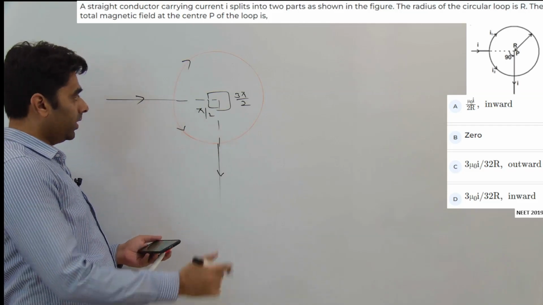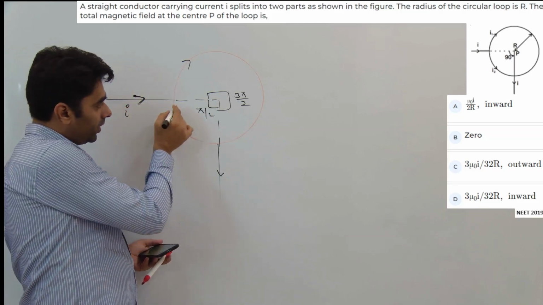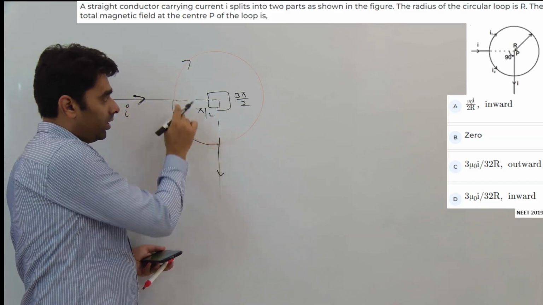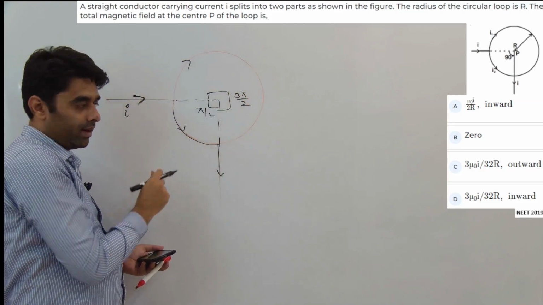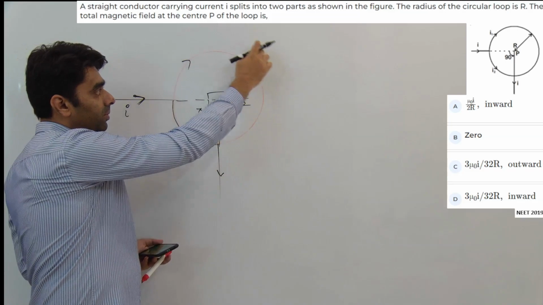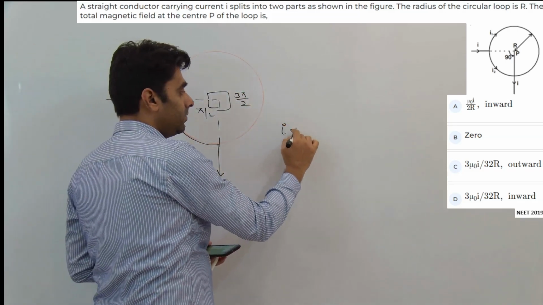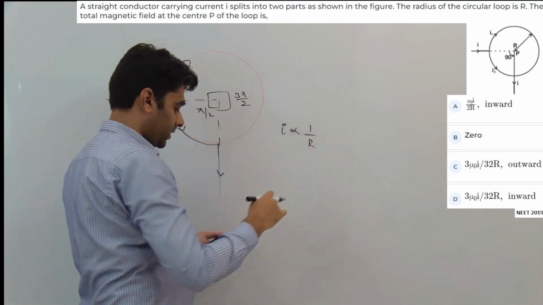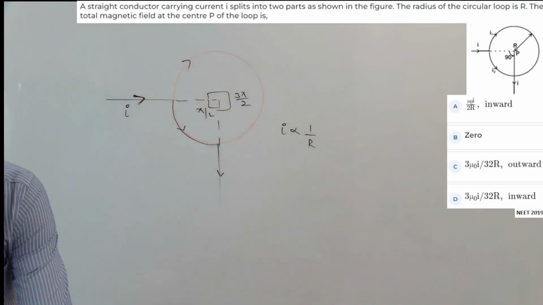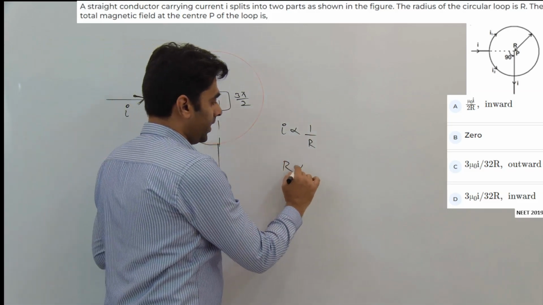Now, if this is your current I, let's say the total length is L. This part will be L by 4 and this one will be 3L by 4. We know that current is inversely proportional to resistance, and resistance is directly proportional to length.